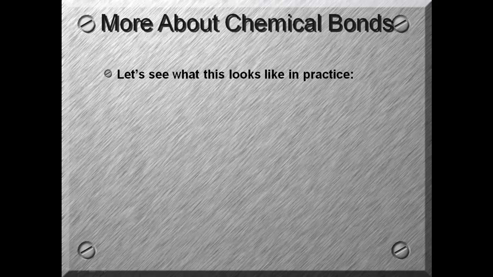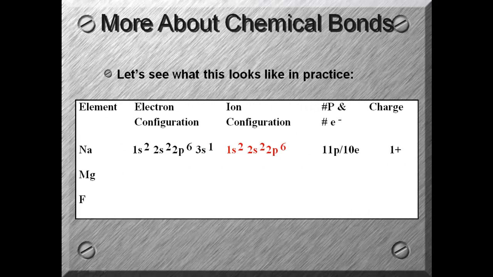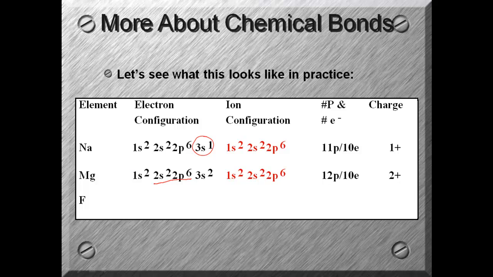Let's see what this looks like in a little bit of practice problems. Here we have sodium. It loses 1 electron. It's 3s1 right here. Loses that. So it has a plus 1 charge. Magnesium, to become a stable noble gas, sorry about the writing there, it will lose this 3s2 and become a plus 2 charge.